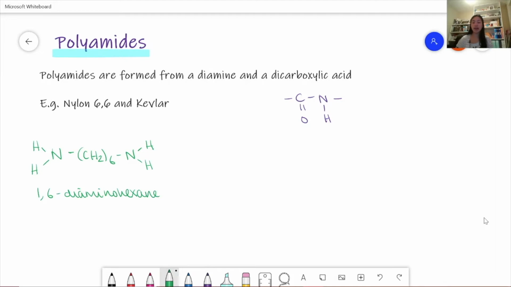And then we also have hexane 1,6-dicarboxylic acid. So we have COOH, and then 4 of these CH2s, and then COOH. So this is hexane 1,6-dicarboxylic acid.